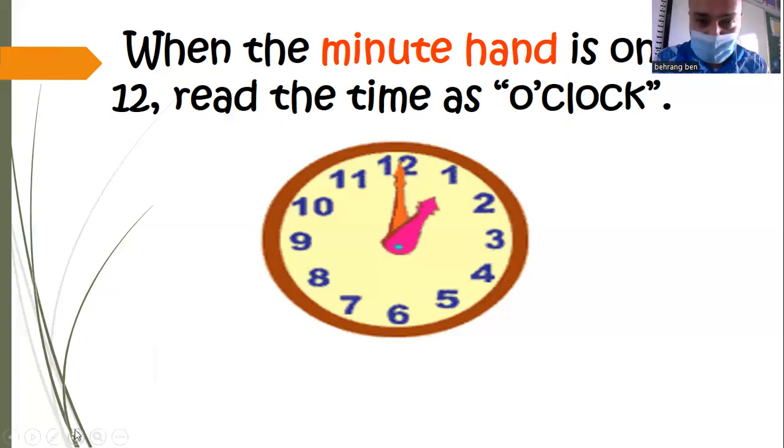All right, look at this picture. The short hand or hour hand of the clock is on 1. This is 1. And the long hand of the clock is on 12. Okie dokie. So this is easy. This is so easy to read the time.